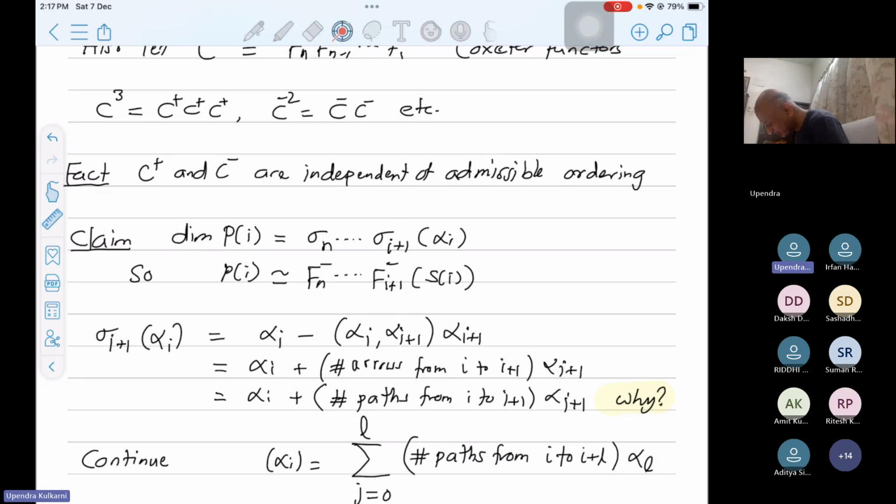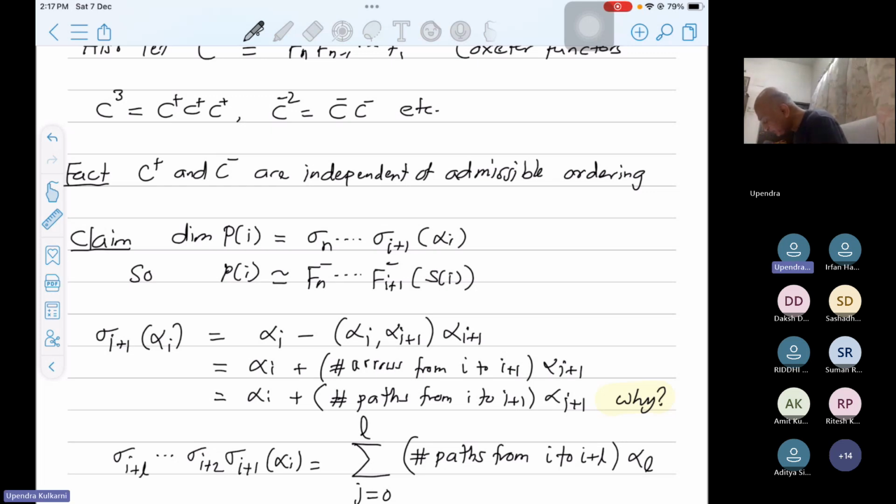I'm just going to apply a chain. So let me just use this. I'm going to say first apply sigma i plus 1, sigma i plus 1, i plus 2, all the way up to sigma i plus L.